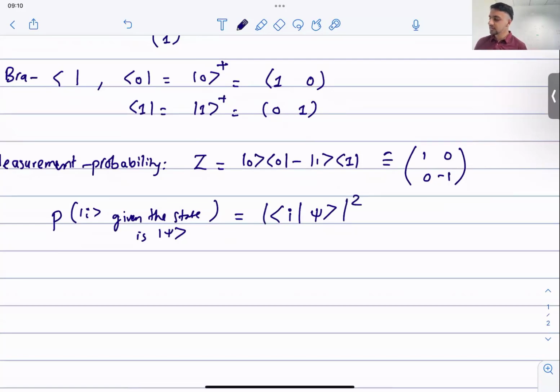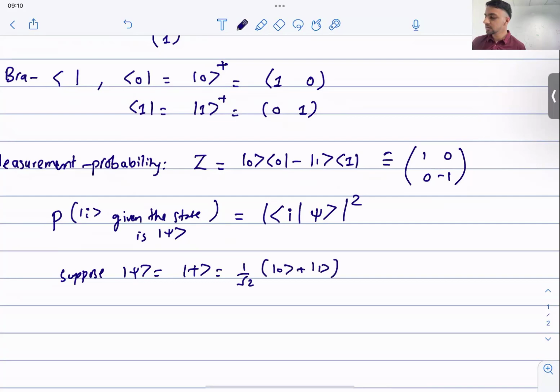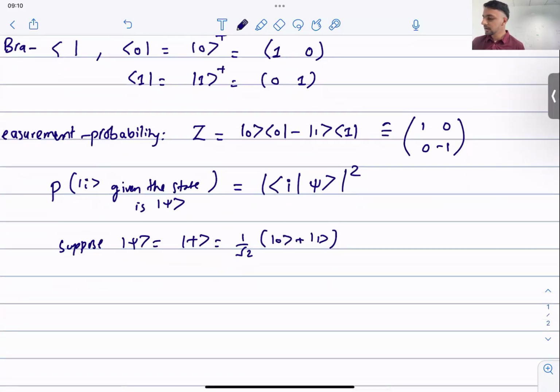As an example, let's say your psi is the plus state, which is 1 over square root 2 times (0 plus 1), and i is 0. Then the probability of getting 0 is just the norm squared of the inner product of 0 with the plus state.